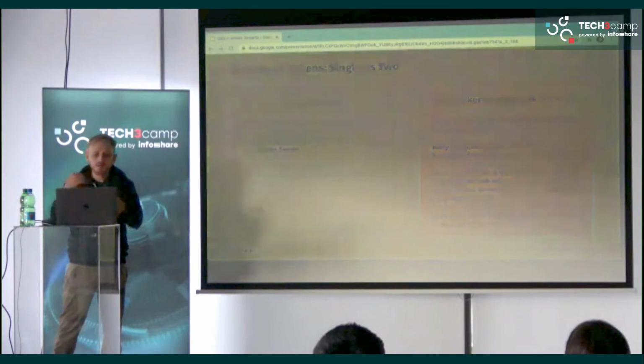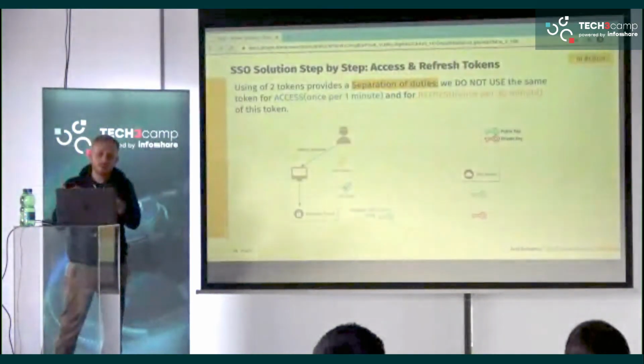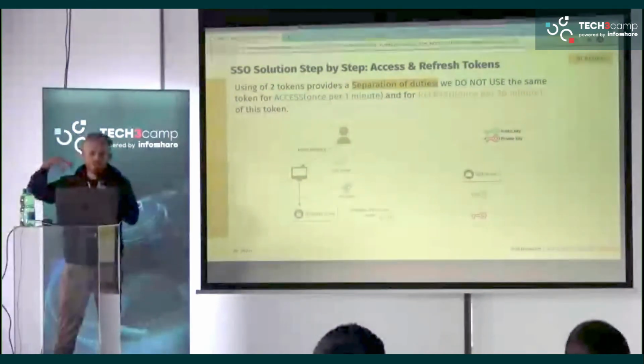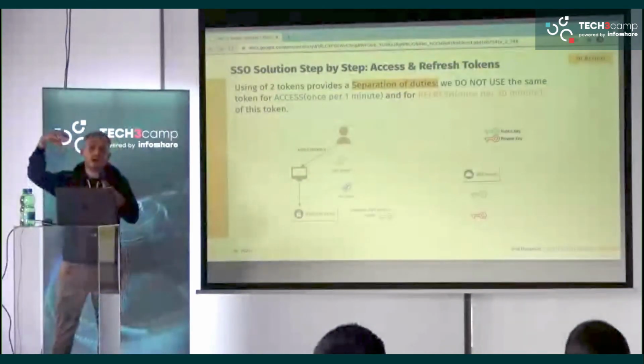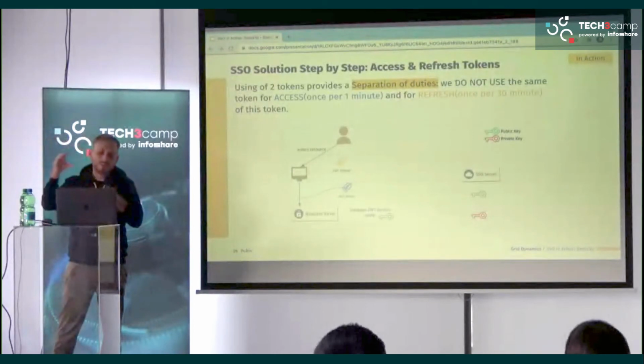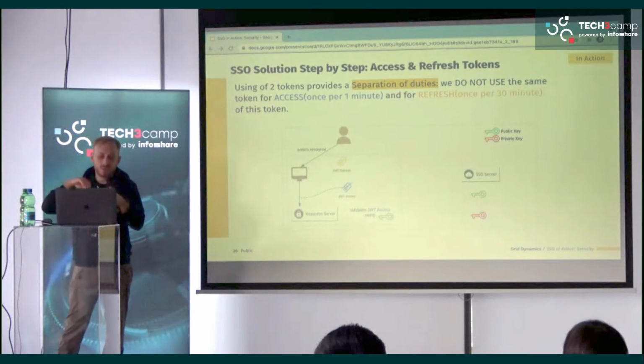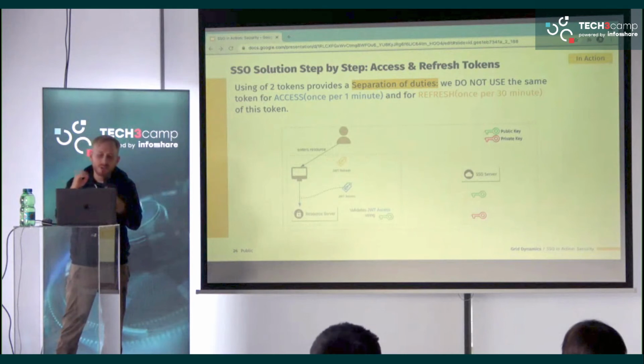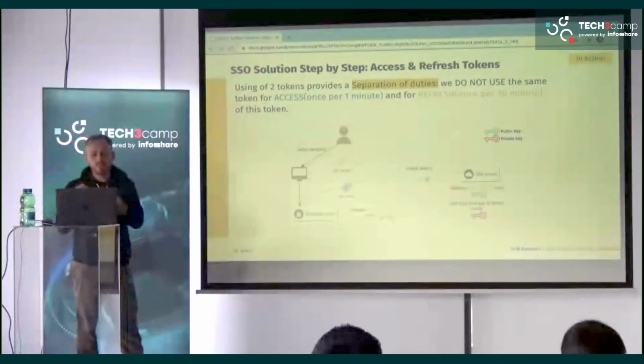So how will it look in action, in our single sign-on processing? We will have a JWT for access and a JWT for refresh, and both of them will be stored in our client application. We use the JWT access token to access the resource server, and once the expiration time is really close, we use the one-time token to refresh those tokens.